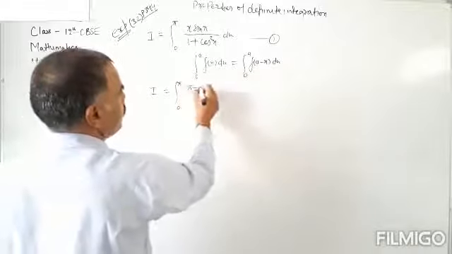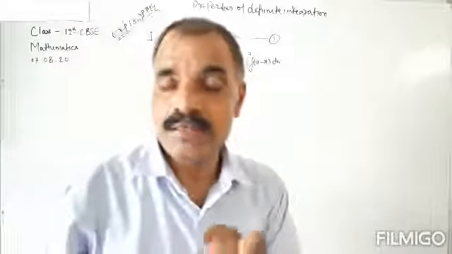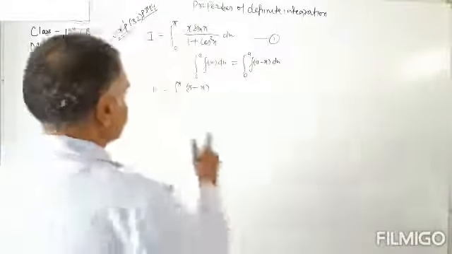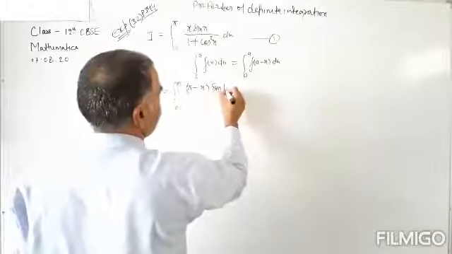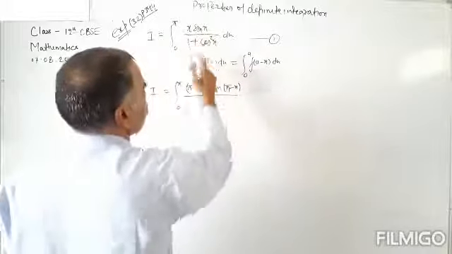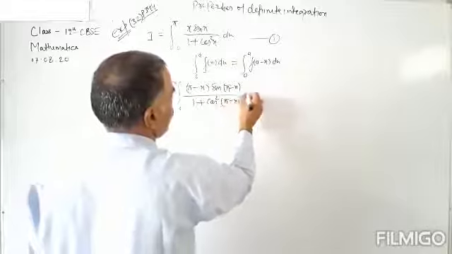So this is pi minus x. Variable x will change to variable pi minus x. A minus x, that is pi minus x. So pi minus x sin pi minus x upon 1 plus cos square pi minus x dx.